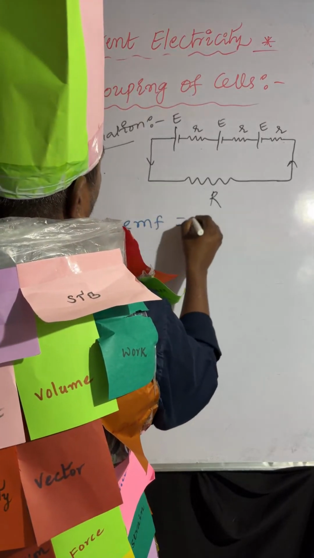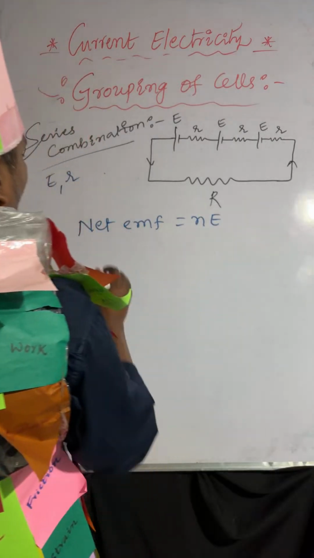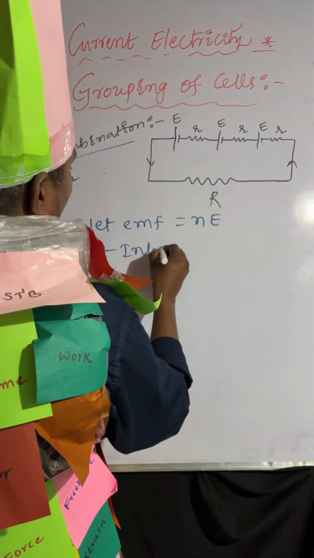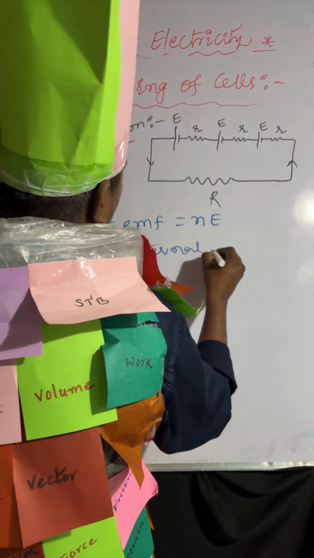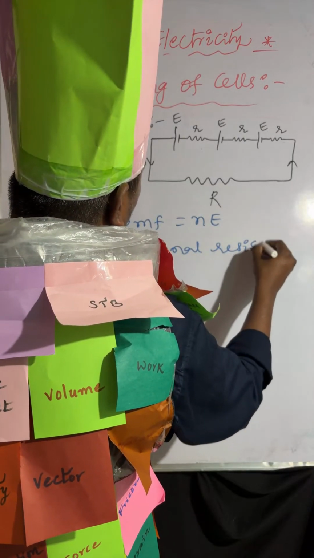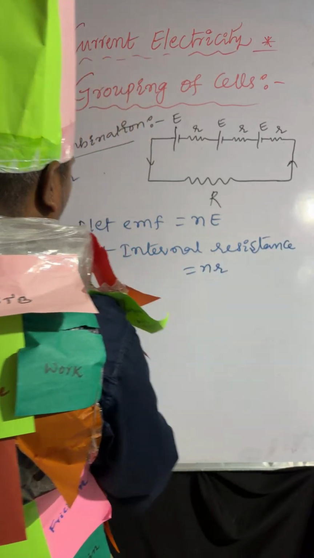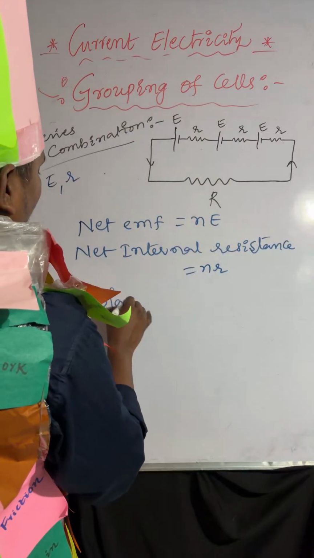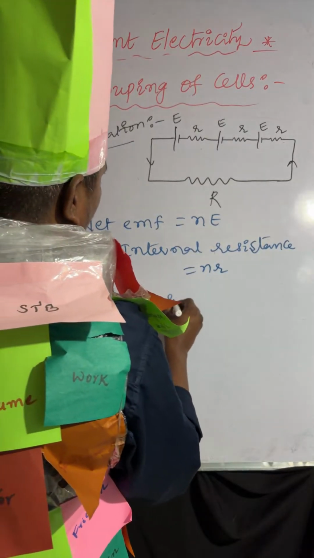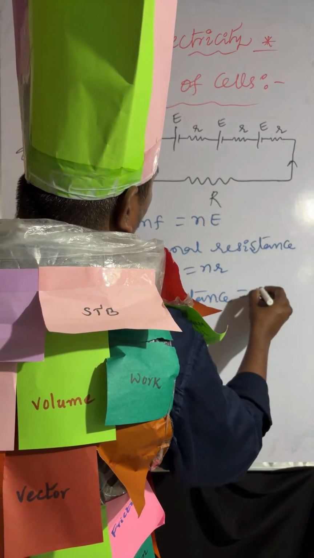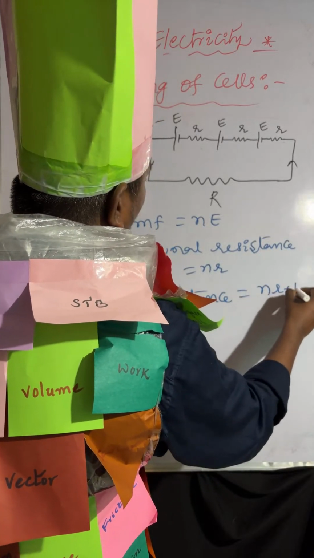Net EMF is NE and net internal resistance is NR. Total resistance equal to NR plus R.